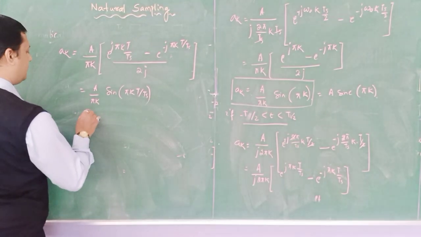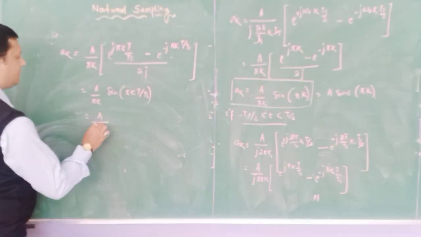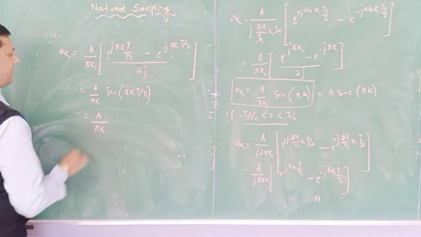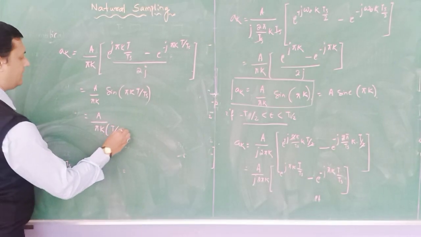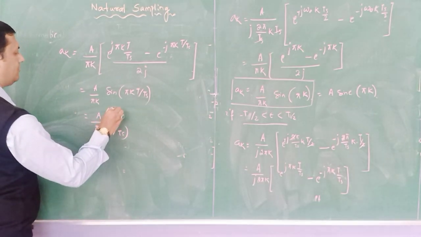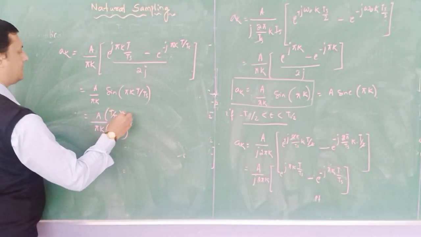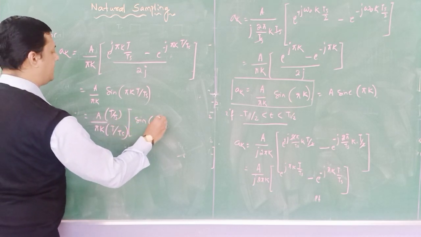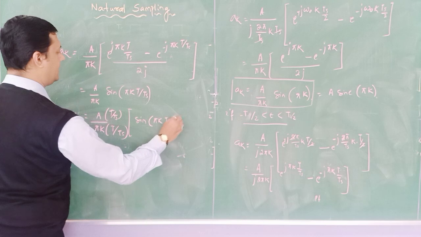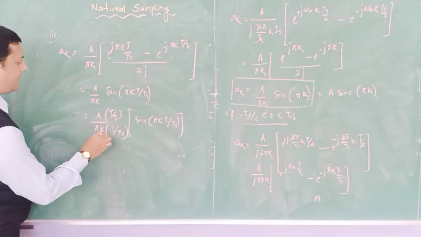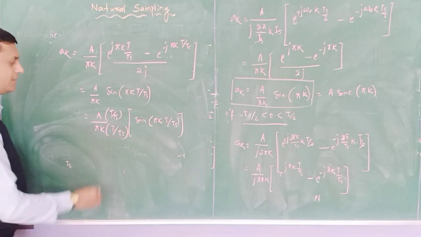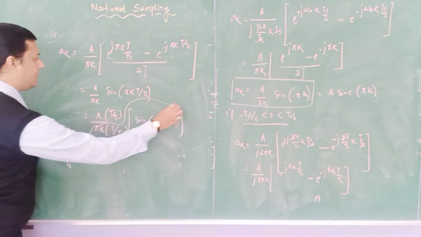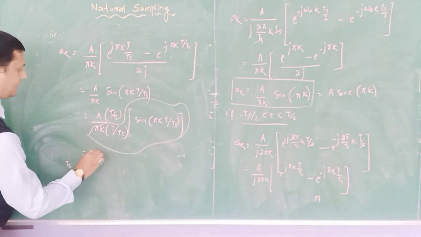So what will I do? I will multiply and divide T by Ts, here also T by Ts, whole into sine of pi k T by Ts. Now this pi k T by Ts is the same. So this whole part you can consider as a sinc function.